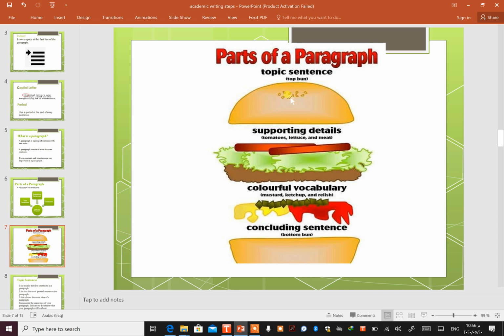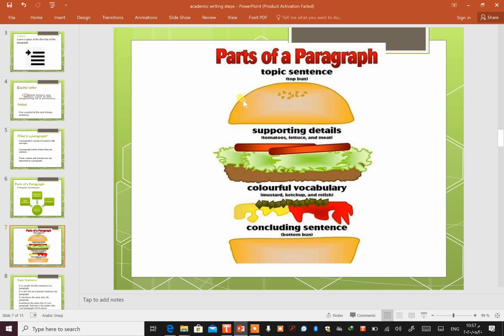So the introduction should be general, and it should have strong, flowery words to get the attention of the reader, and it should also have the main idea, because most of the time when you write, the main idea should be at the beginning, especially for people who are starting to write in English.